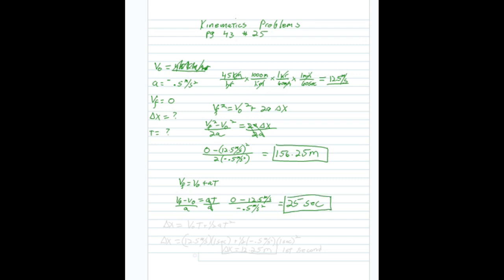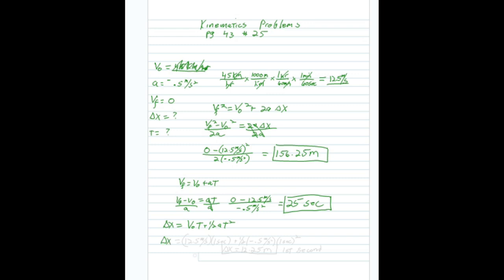Okay, and then it asks how far does it travel in the first second and in the fifth second. So it's kind of a two-part question. The first second's easy. We just use the delta x equation. And instead of plugging in this 25-second time, we're going to plug in a time of 1 second to see how far it goes in that second.